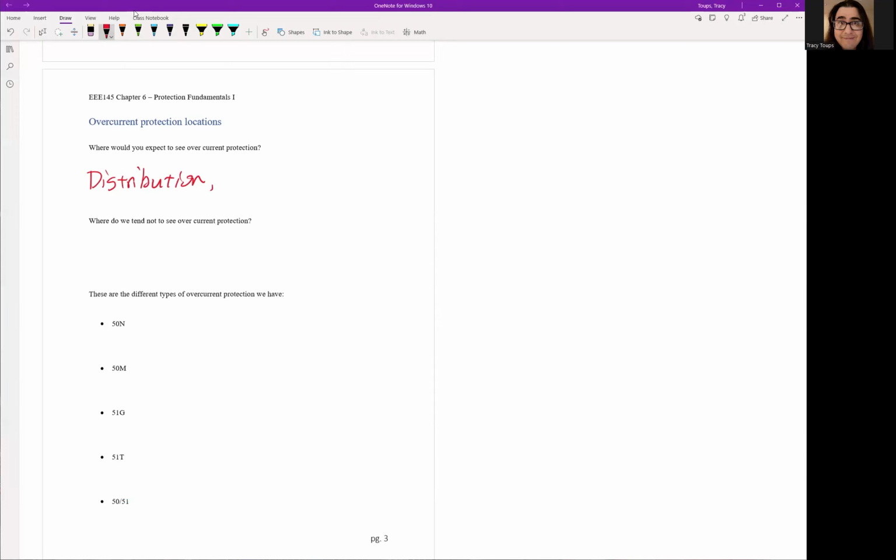All the way down to industrial level where you have motors, right? You'll have overcurrent all over the place in any industrial settings, okay? So distribution industrial is very common. On any transformer, you'll typically have some level of overcurrent relay as well. They're good, cheap backups. And then generation as well, okay?